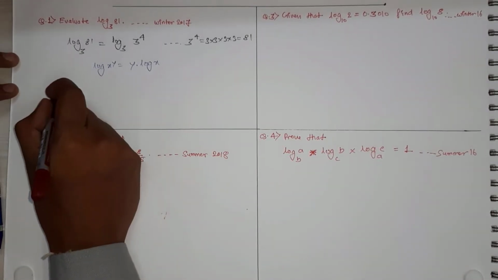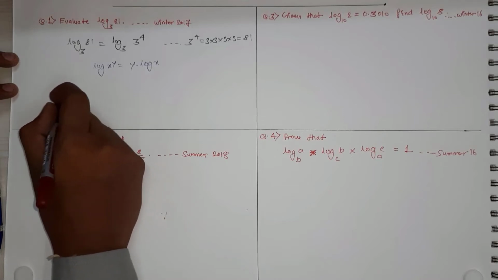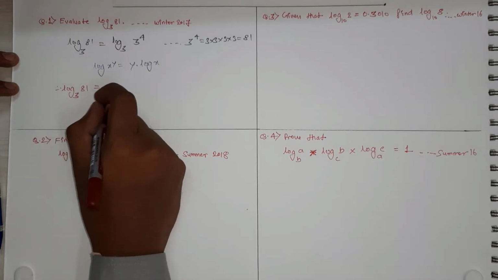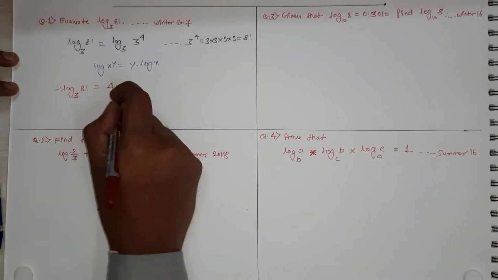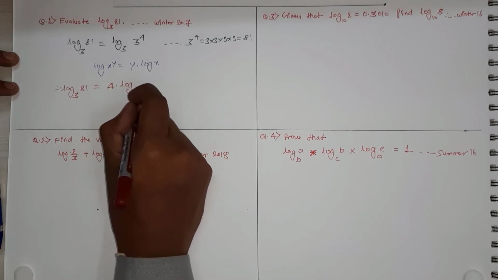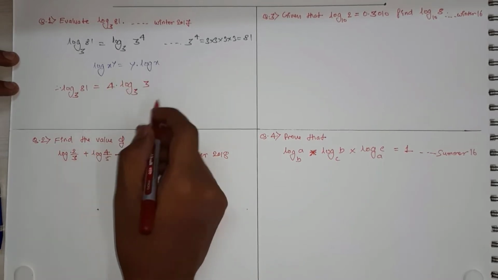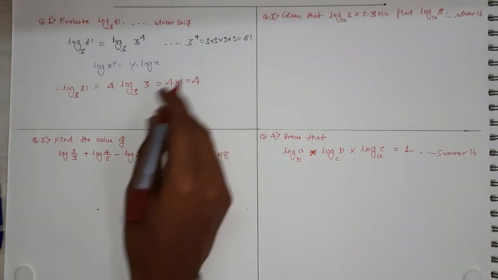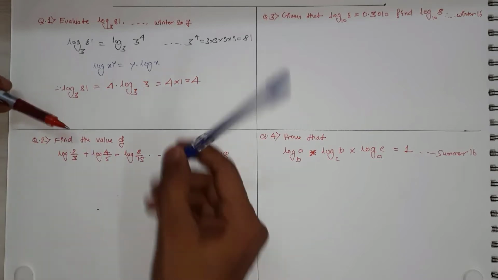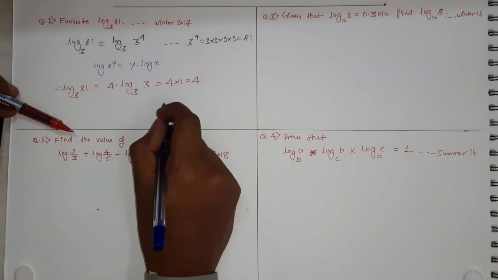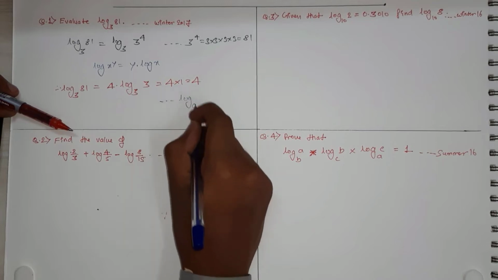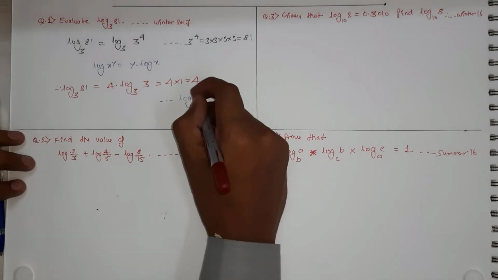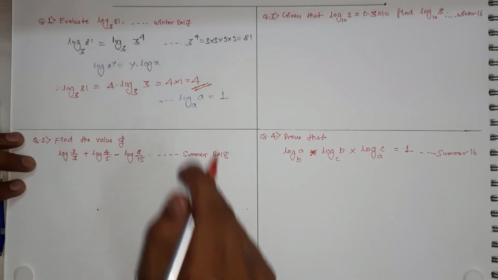Therefore, log of 81 to the base 3 is equal to 4 into log of 3 to the base 3, and as we know, log of a to the base a is equal to 1. From which formula have we used this? Log of a to the base a equals 1. So this formula we have used. So our final answer for this particular question is 4.